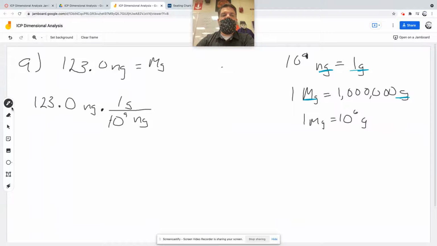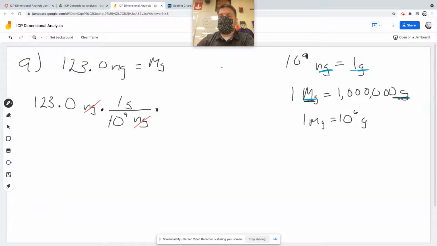Now I specifically chose nanograms, and this is where I need you guys to pay attention, and put that on the bottom because nanograms divided by nanograms equals 1, so they cancel out. Does that make sense? Okay? Now, I'm not done yet because my answer has to be in megagrams.